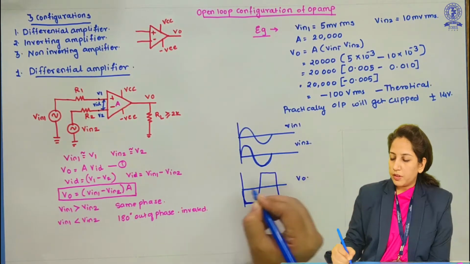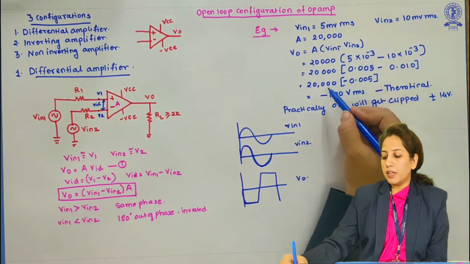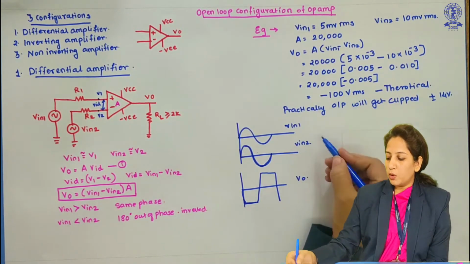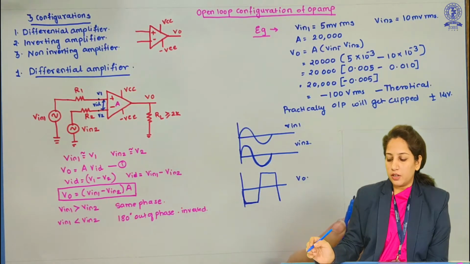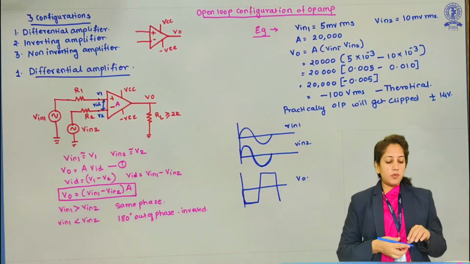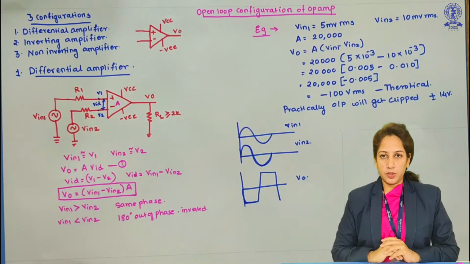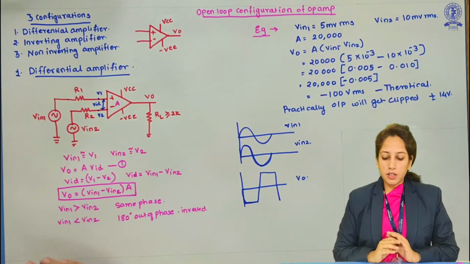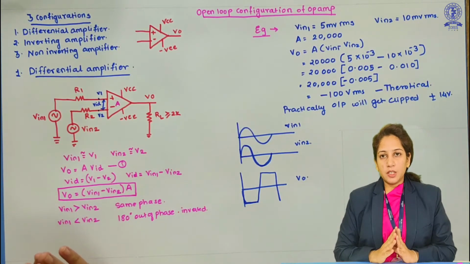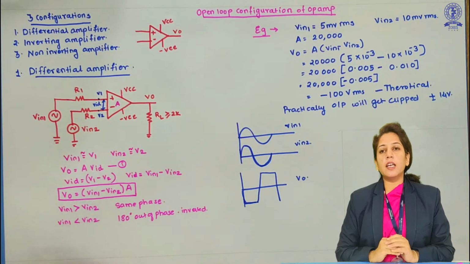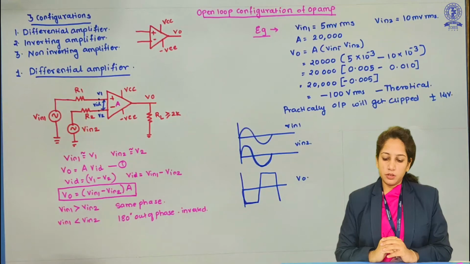This is Vout here. But if my output comes below plus minus 14 volt, then it will be an AC signal observed here. So in this way we have seen the differential amplifier configuration. Once again we will revise that it is the difference between two input signals, inverting and non-inverting, that is amplified, and we get an output at the output terminal V0.